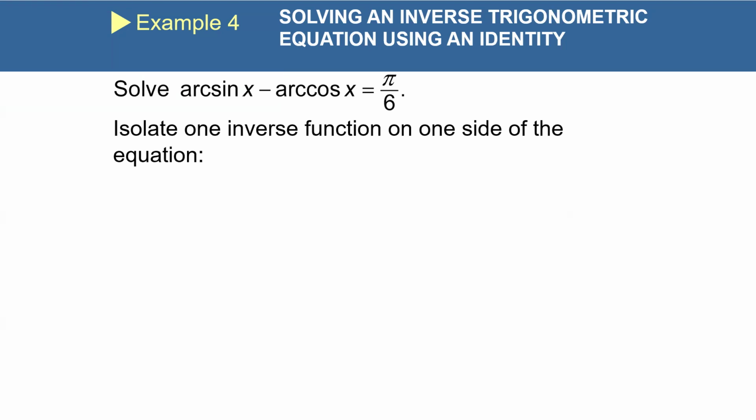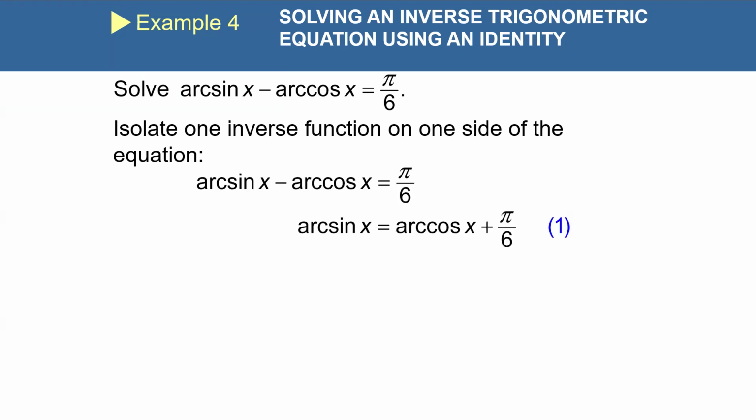I typically like to move the one that's negative and make it a positive. So we're going to add arc cosine x to the other side, because if not, I would have to subtract and then divide. I want to just be able to move it one at a time. So now I've isolated sine inverse of x equals cosine inverse of x plus pi over 6.